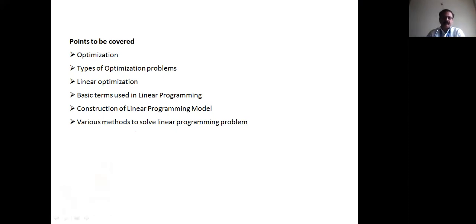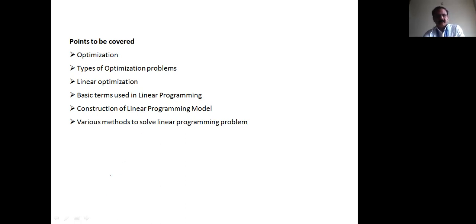Third one is linear optimization, that is what is linear optimization or linear programming, and then where it is used. Fourth point is the various basic steps used in linear programming. Fifth point is construction of linear programming model, that is how to construct the linear programming problem.